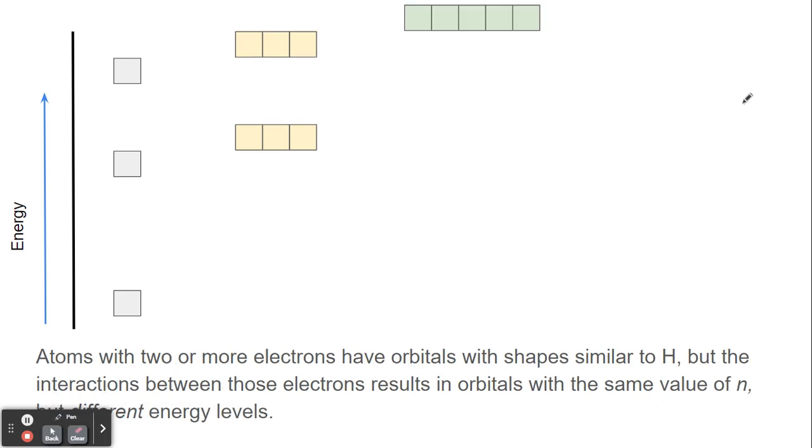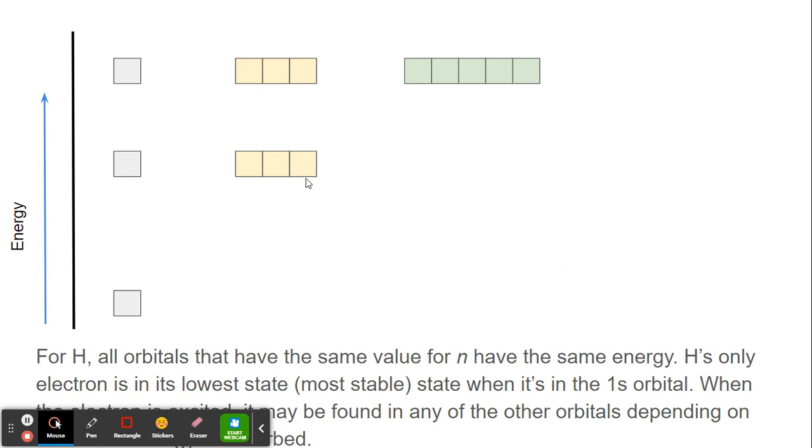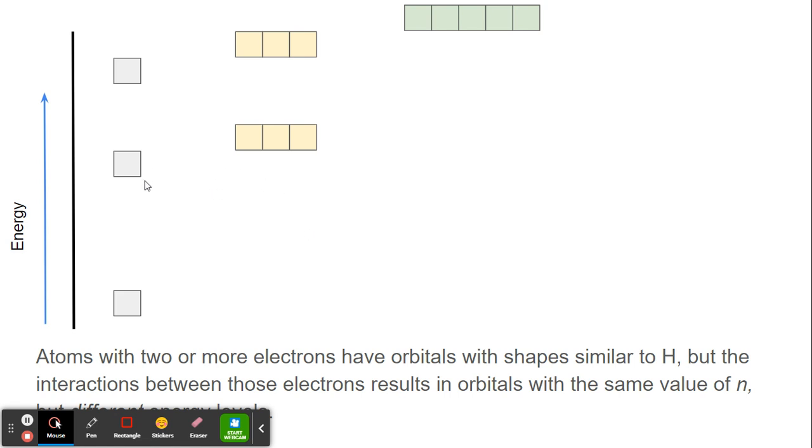For atoms that have two or more electrons, their orbitals have similar shapes to hydrogen, but the interactions between those electrons result in orbitals that, even though they have the same value of n, are at slightly different energy levels. Before, when I had the orbitals for hydrogen, remember that the 2s and the 2p orbitals were exactly the same level. That's not the case if there are extra electrons kicking around.